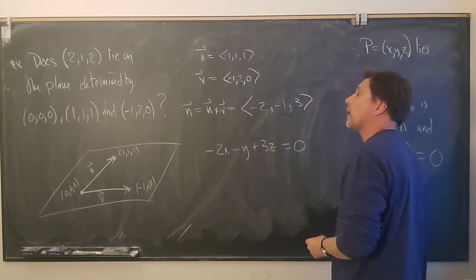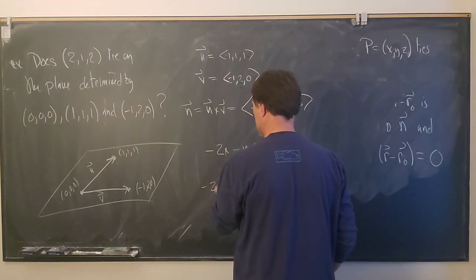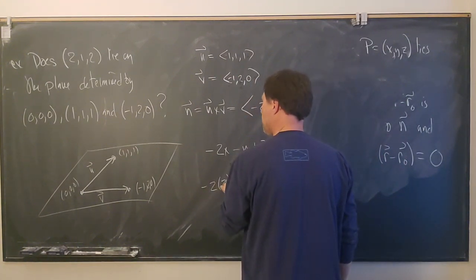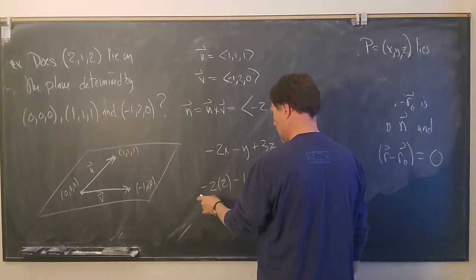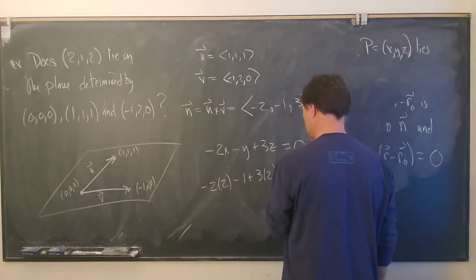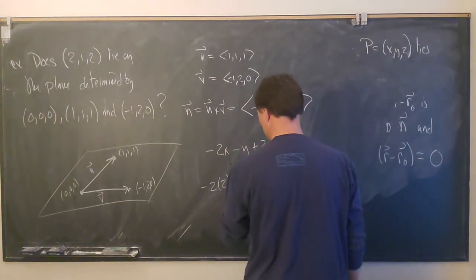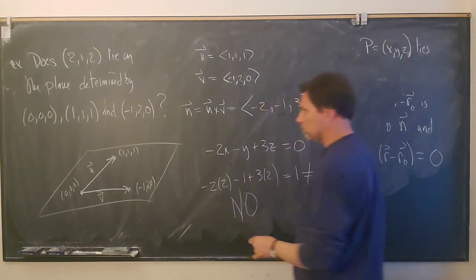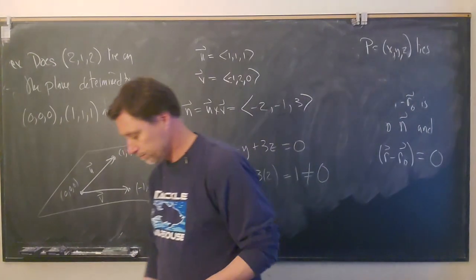Okay, so now if I plug a 2 in here, I'll get -2 times 2, minus 1, plus 3 times 2. So that's negative 4, negative 5, plus 6 equals 1, which is not equal to 0. And so the answer is no. It does not satisfy the equation of the plane, which means it does not lie on the plane.